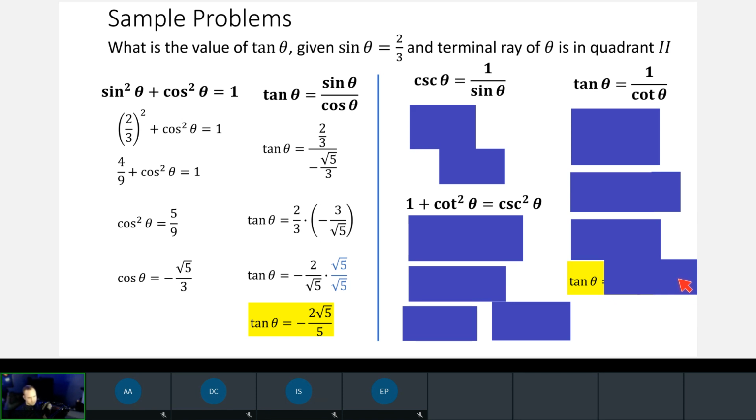Cotangent, you got rad. Well, what's rad 1 over 2? What's the square root of 1? Oh. When I say it out loud, it makes sense, right?